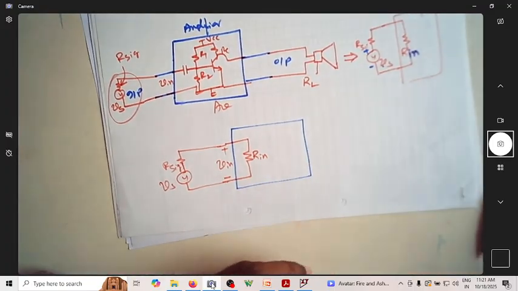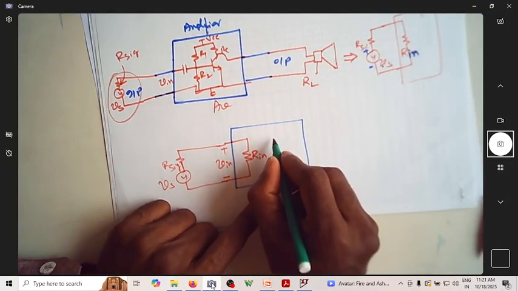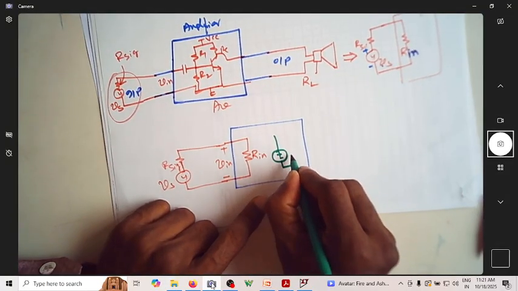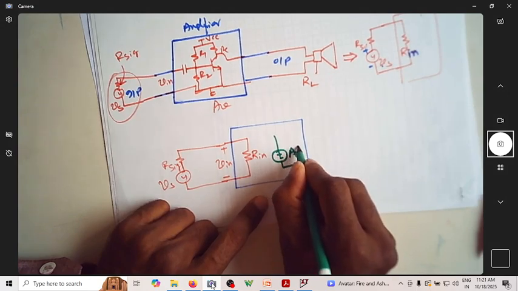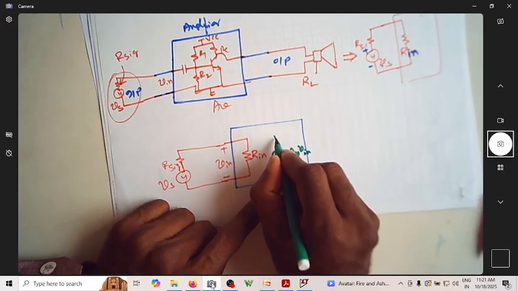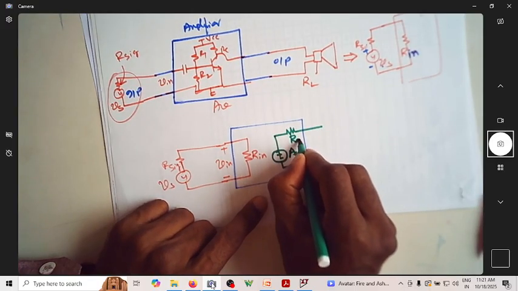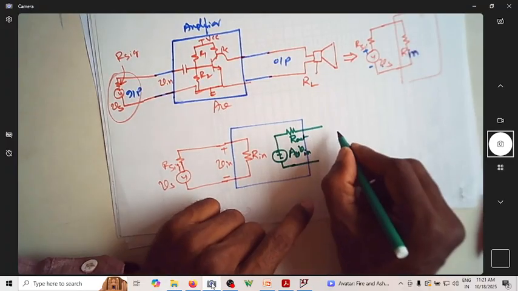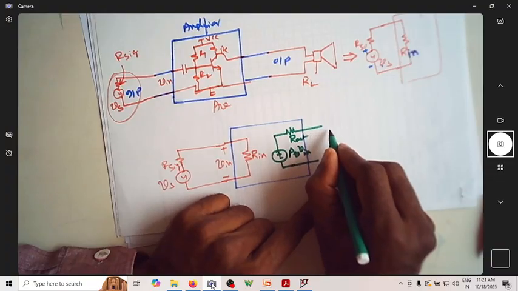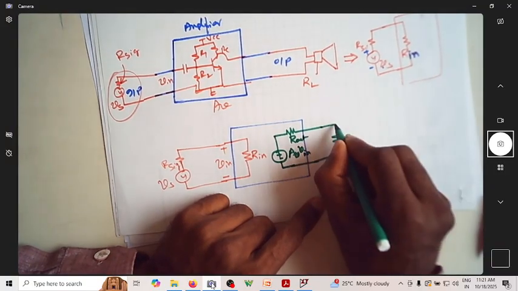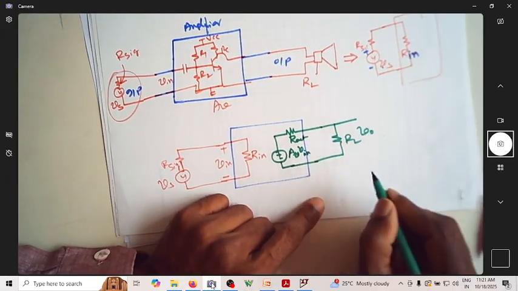And we know that the output, what is coming out, will be plus minus AV times Vin, and this will also have an associated resistance. Let us say it as R out. And finally we have the load, which is RL. The output measured here is V naught.